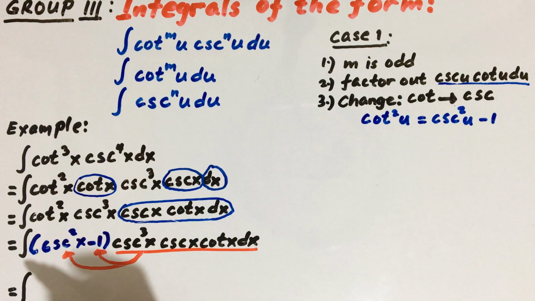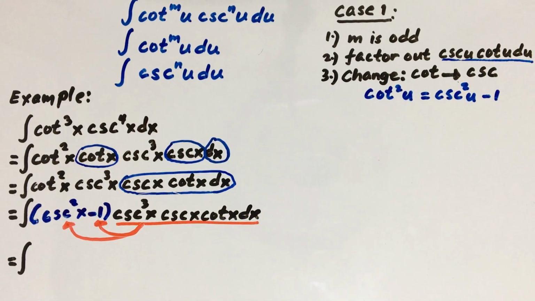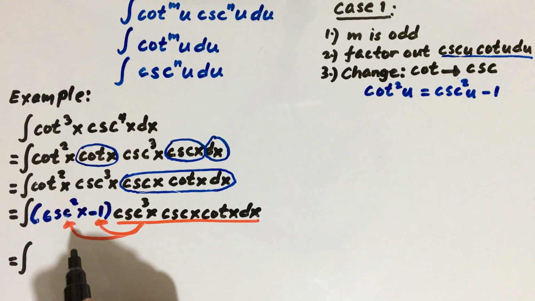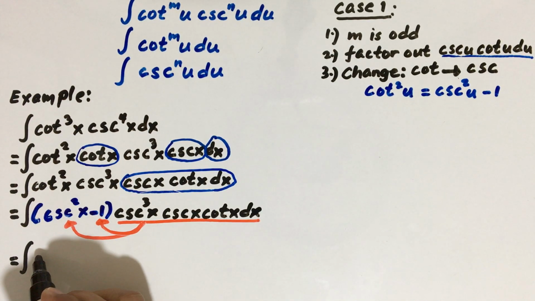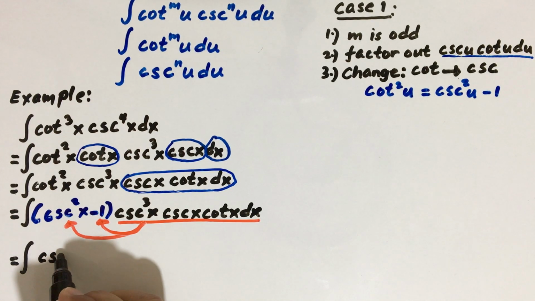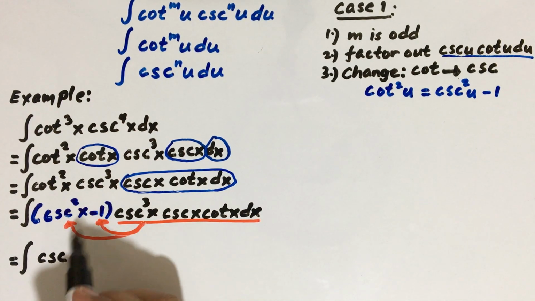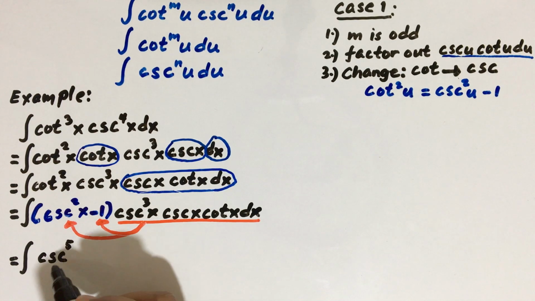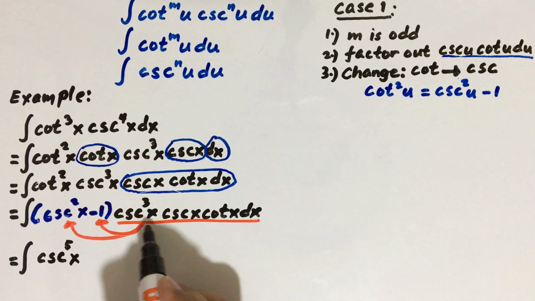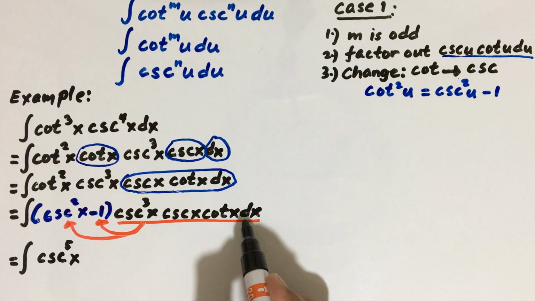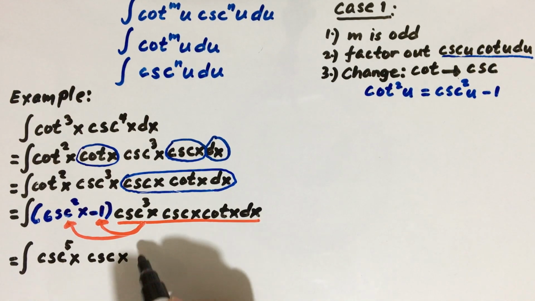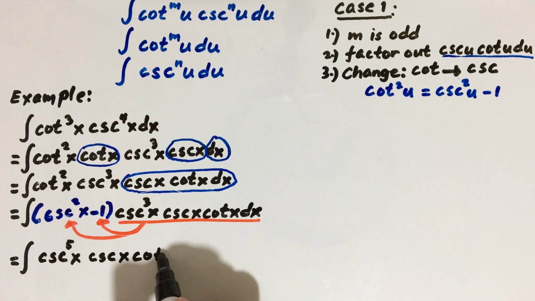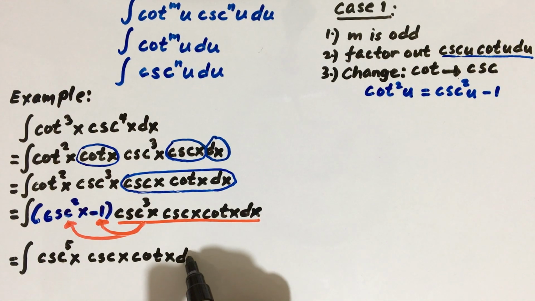So this is now equal to the integral of cosecant squared x multiplied with cosecant cubed x, so that would be cosecant, the exponents 2 and 3, so that is 5, right? So cosecant to the 5th power of x, then you write the rest, multiplied by cosecant x cotangent x dx.